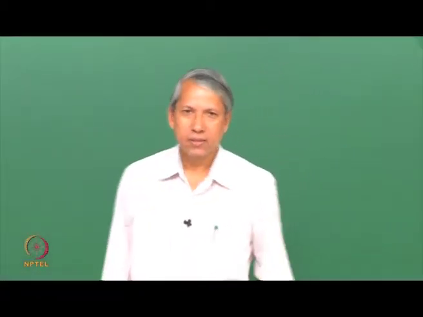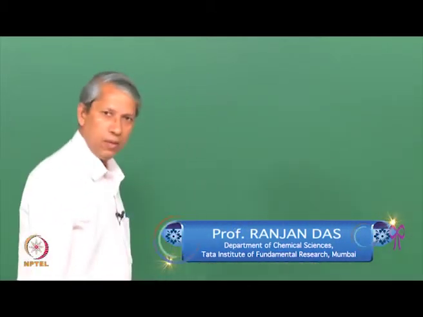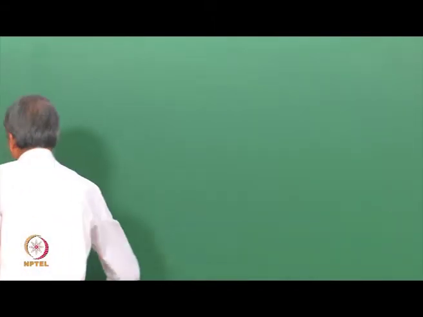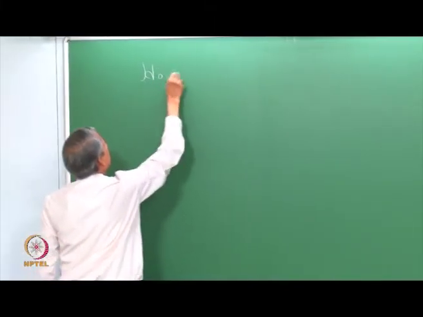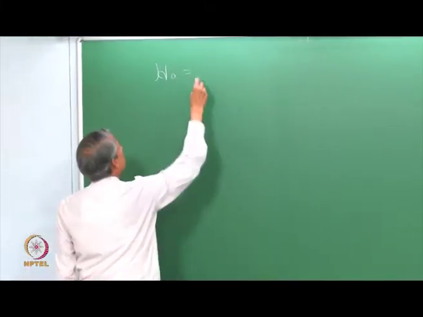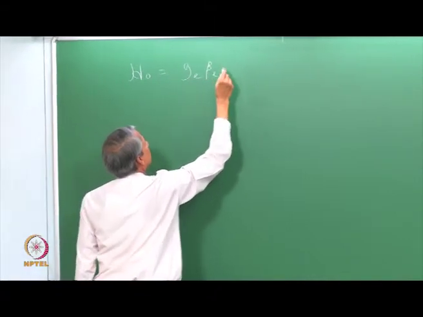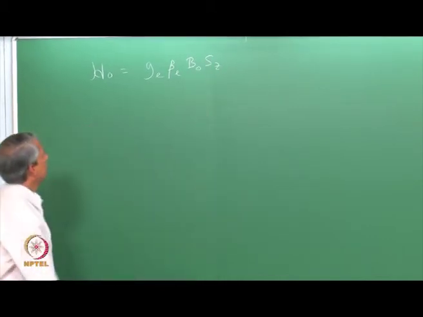We have been discussing the quantum mechanical description of a magnetic resonance condition. Let us recapitulate what we have done so far. We have a Zeeman interaction which gives the main interaction, given by this.